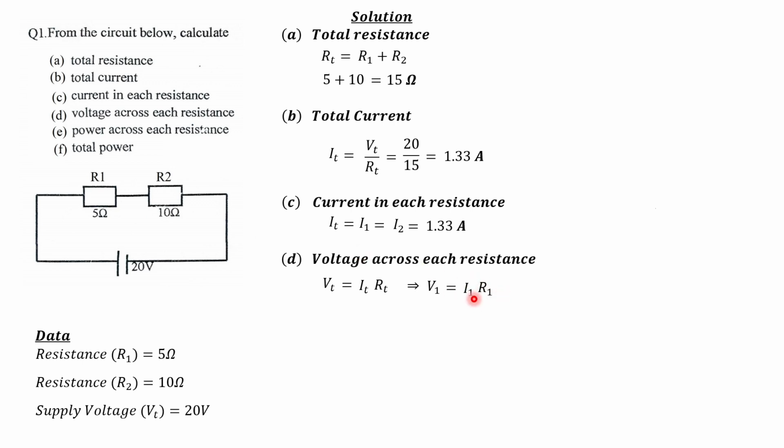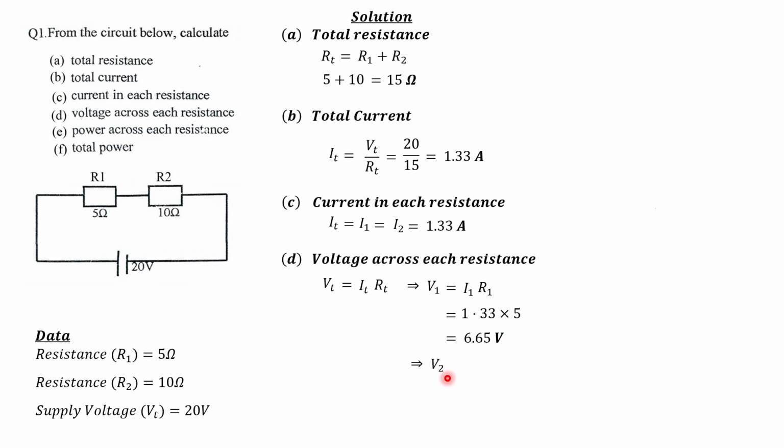That is the current flowing through resistance R1 times the resistance itself. This is equal to 1.33 times 5, which gives us 6.65 volts. So the voltage V1 across resistance R1 is 6.65 volts. I hope you understand.